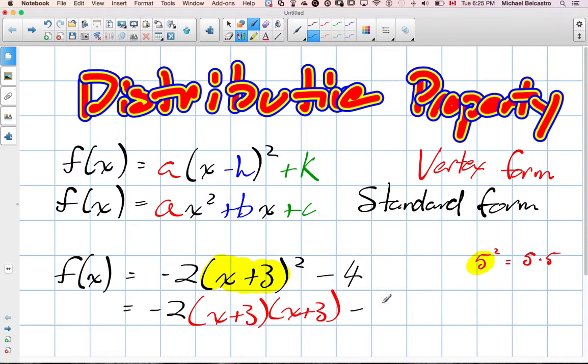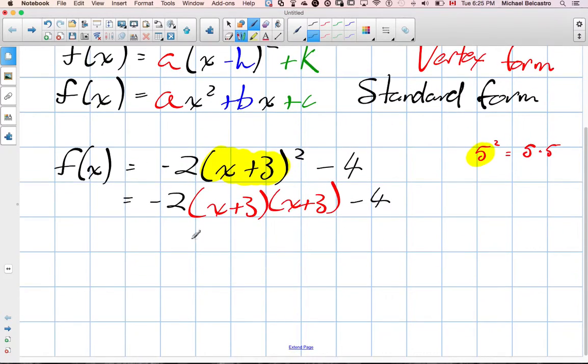Okay, so we've written it out in the long form, and now we need to use distributive property, also known as FOIL. Do you remember FOIL at all? Yeah, FOIL is your first terms, your outside terms, your inside terms, and then your last terms. Okay, so we'll deal with that. We have our -2. So our first terms are x times x, which is x squared.